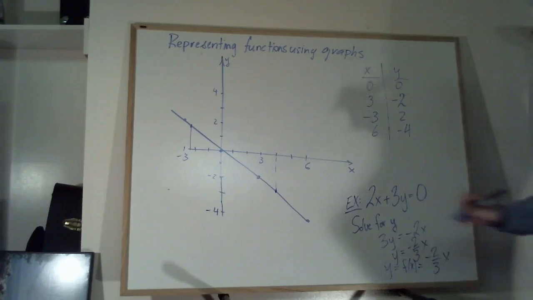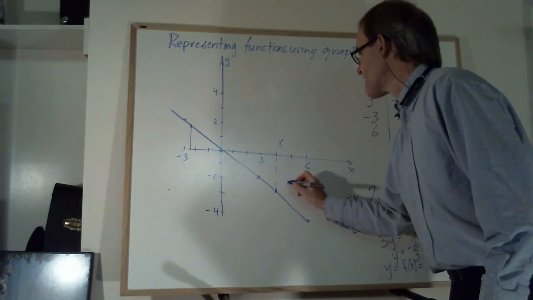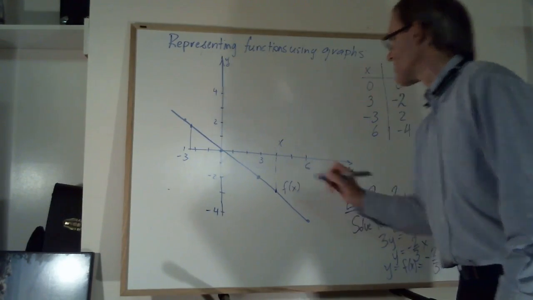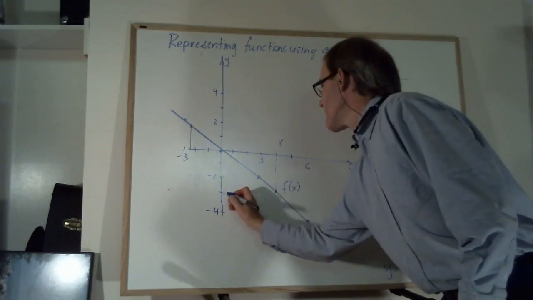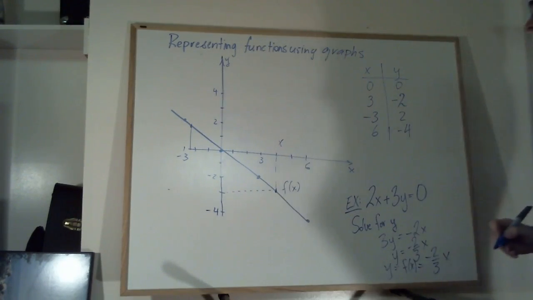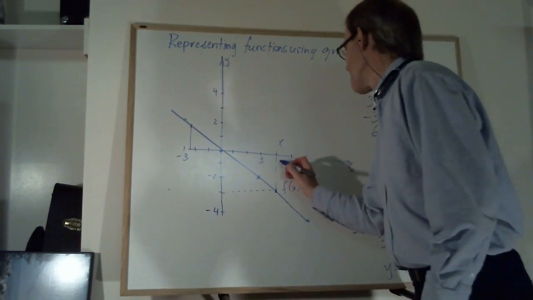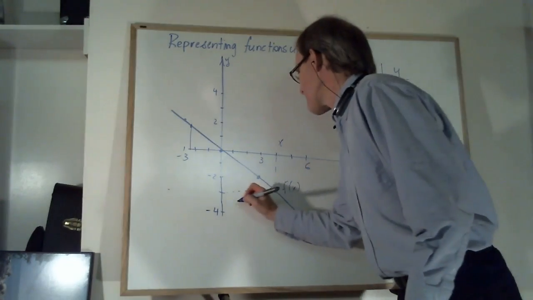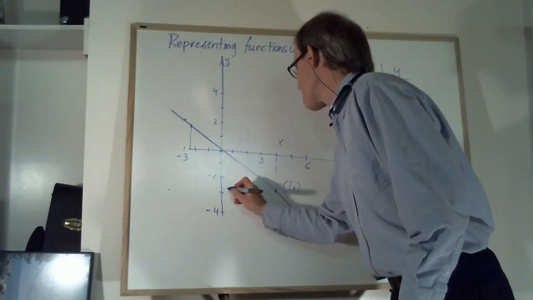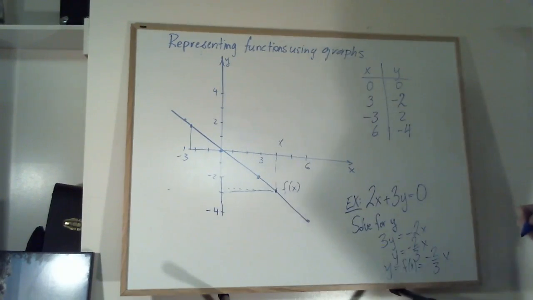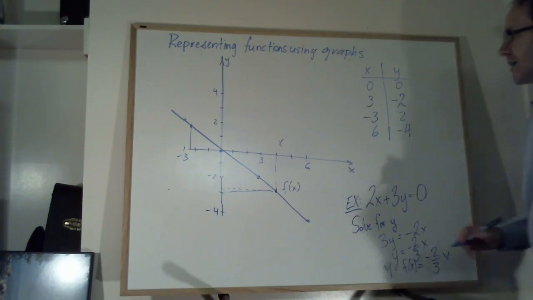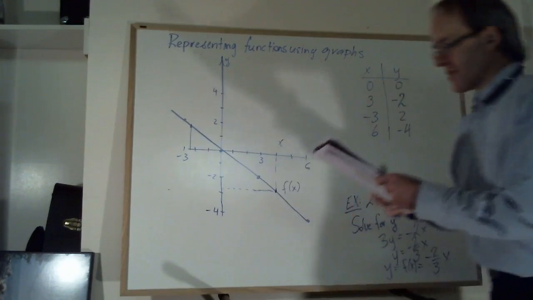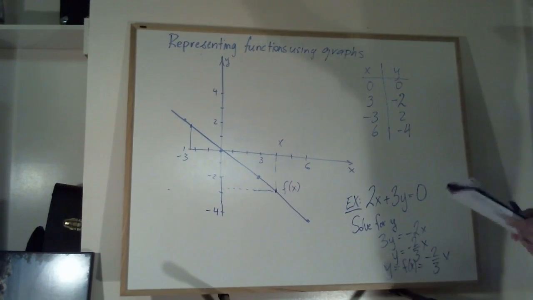So this is our value for x, and this is our value f of x. I probably didn't get it right there, but 4 would give you minus 8 over 3, so something in here, 2 2/3. Okay, so that's a graphical representation of the function.